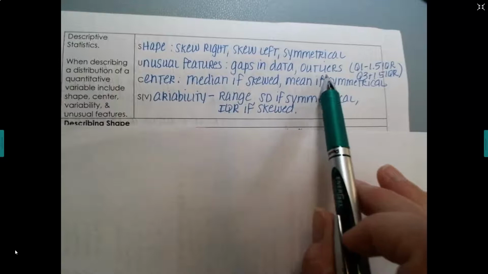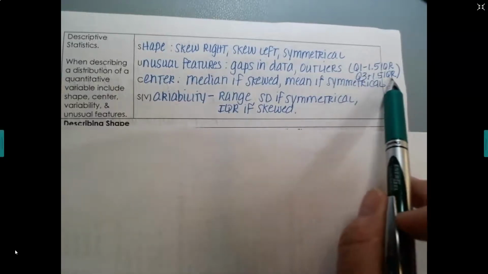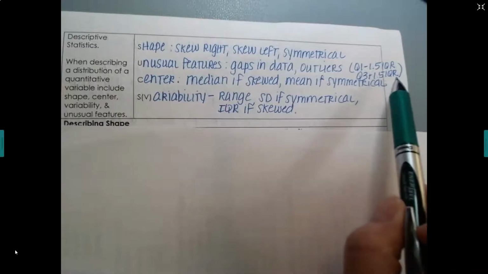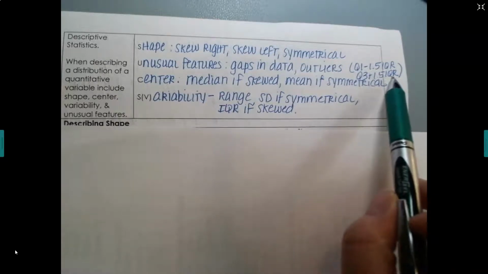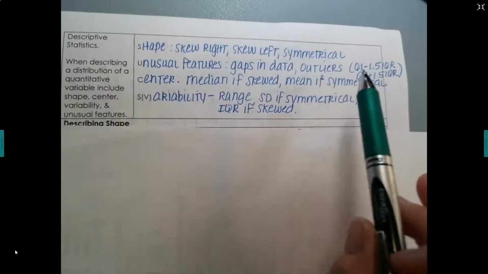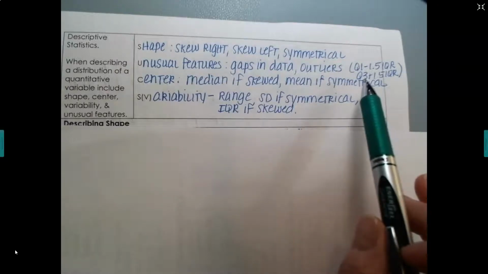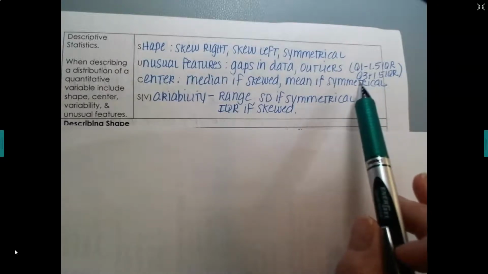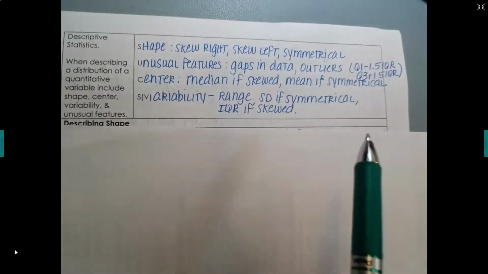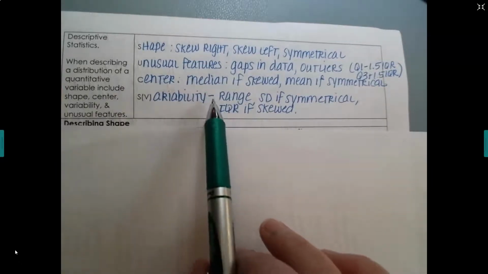Be sure not to call them an outlier unless you've checked the data with this rule of thumb. It's not 100%, but it's what most people use to determine if there are outliers or not. So if you don't have the actual check, you can only say there are potential outliers or there look to be outliers. But if you're going to say there's outliers, it's because you did this and you know for certain that they're outliers. Center, that would be mean or median.